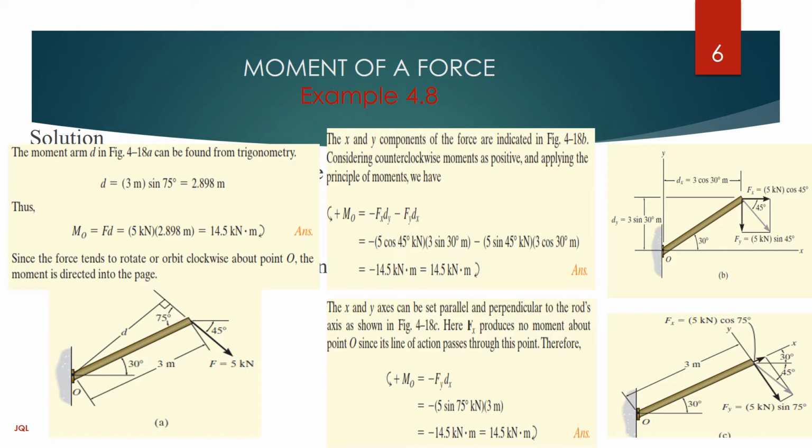For the scalar, the first example is where they calculated using a perpendicular distance D. The second one is whereby they introduced some components in the X and Y. This is along the Y, and this is along the X. And in the other solution here, the axes were just turned by an angle to make it in a way that the line of the rod is parallel to the x-axis.